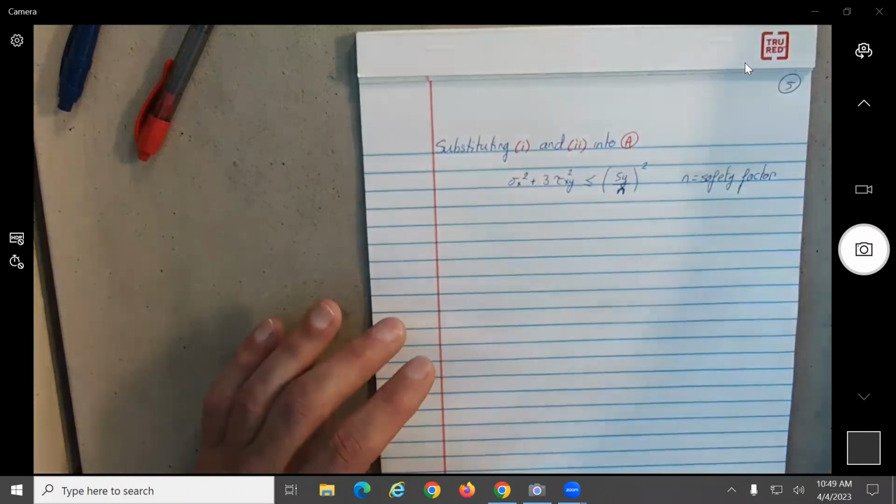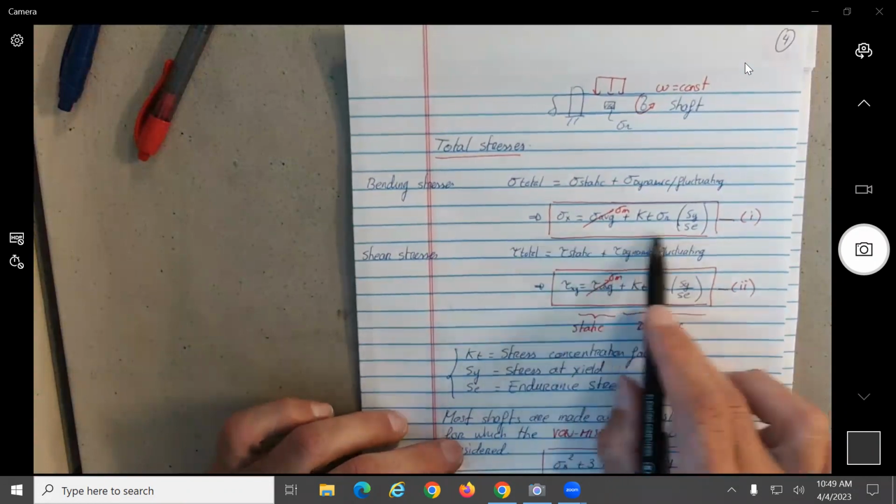Okay, so I'll substitute the two equations here. For sigma x, I'm going to replace it but keep the average.